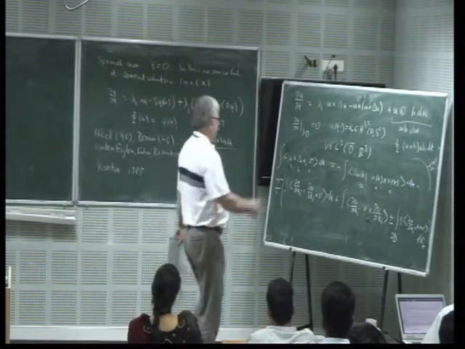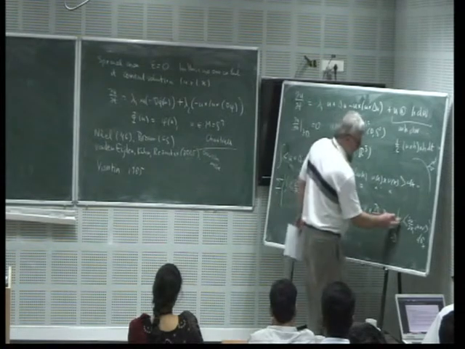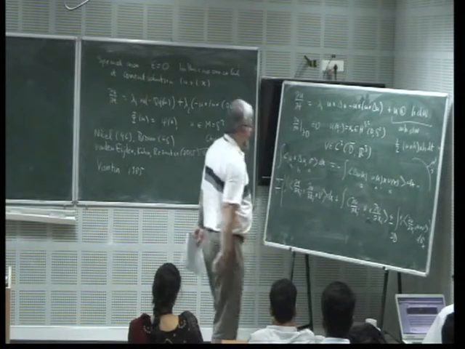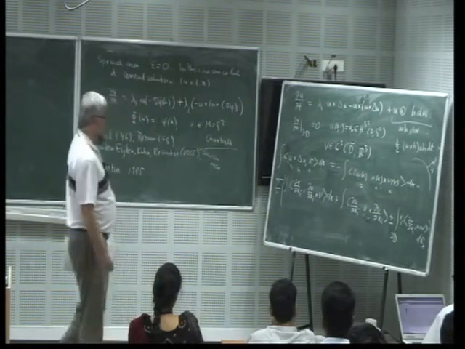So here should also be ni. This is 0, so the boundary term is 0.